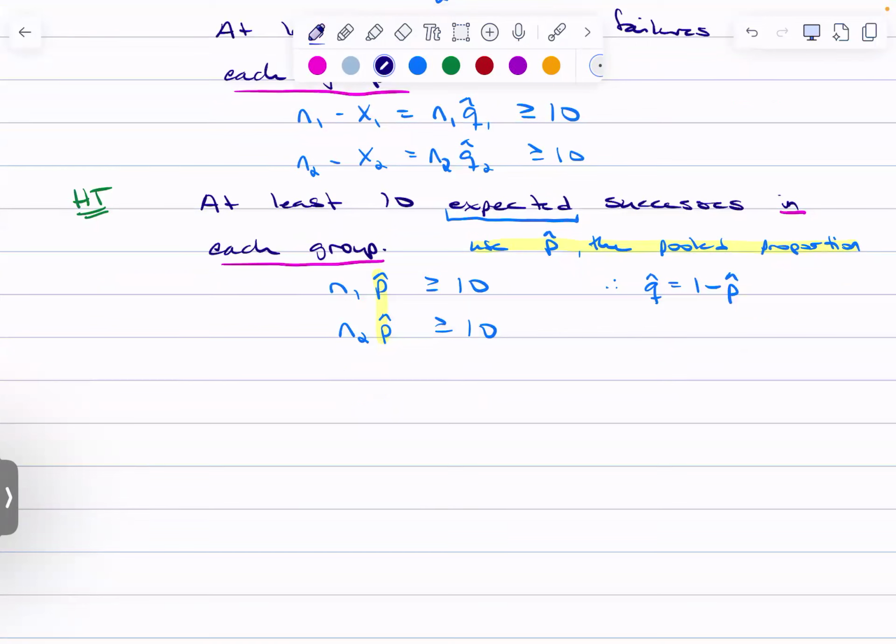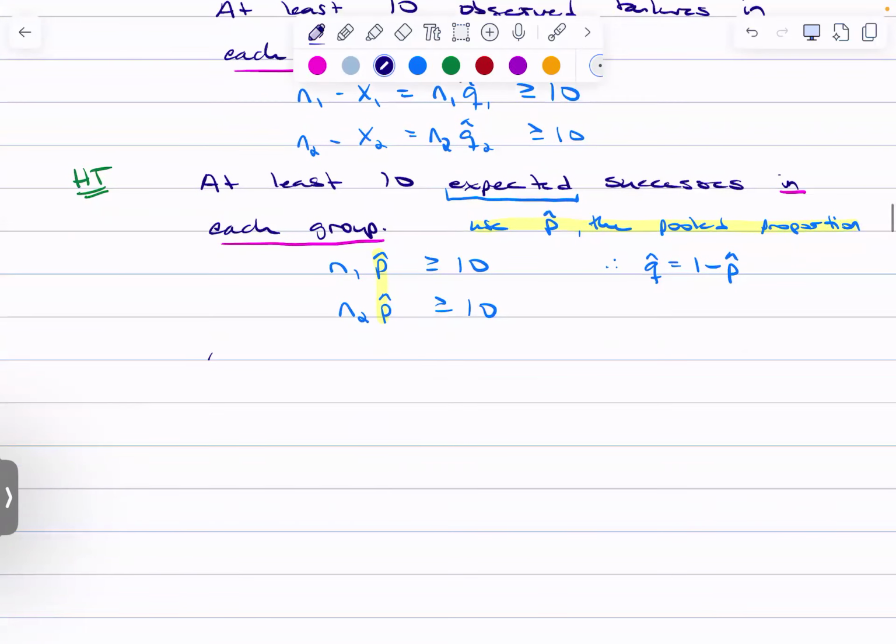Because the next component is I need at least 10 expected failures in each group. At least 10 expected failures in each group.